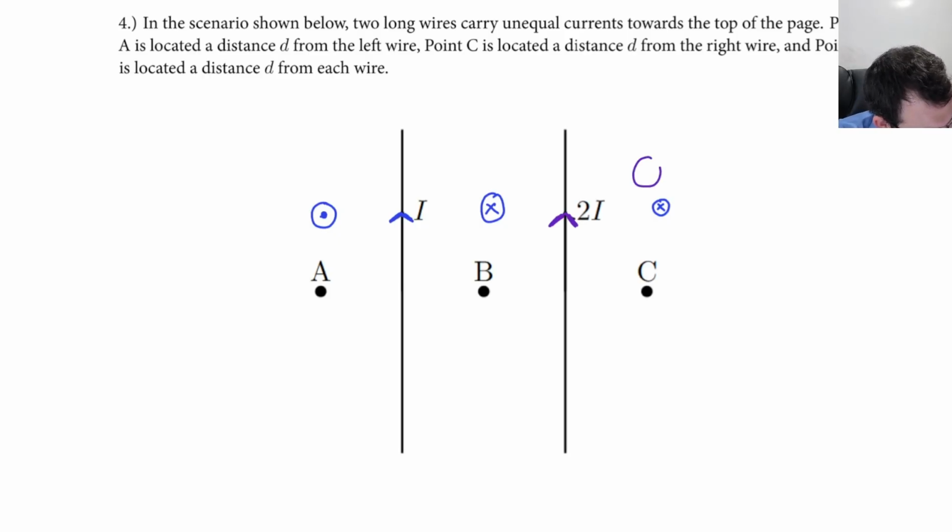So I'm going to draw 2 into the page symbols right there. Then we know it's out of the page on the other side, so I'm going to draw 2 out of the page symbols at B. We'll center that. And then we have 2 more out of the page symbols at A, but those are going to be tiny.